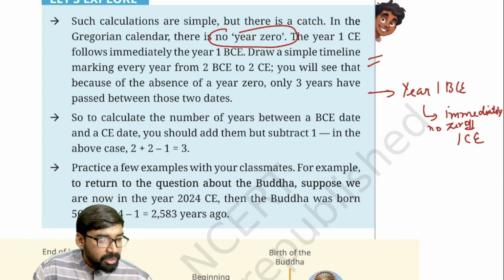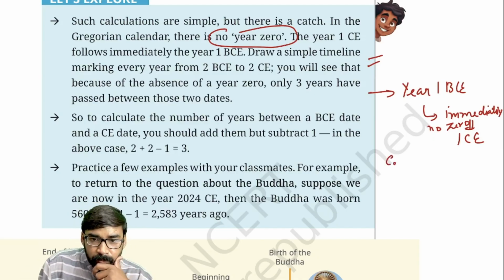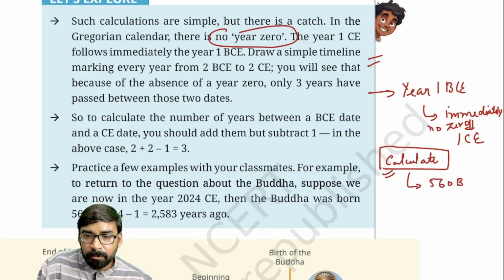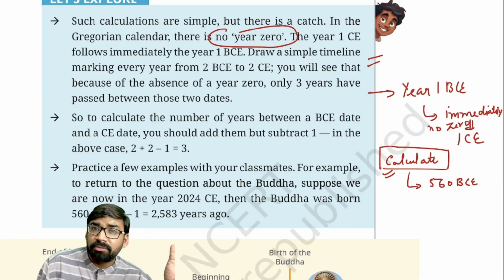Now how is this calculated? For example, if you want to calculate the birth of Buddha, what is the date of birth? 560 BCE. If you want to calculate how many years ago Buddha was there, how are you going to calculate?